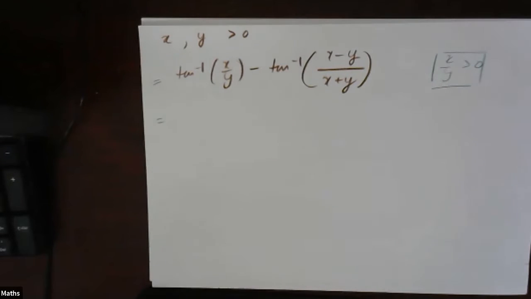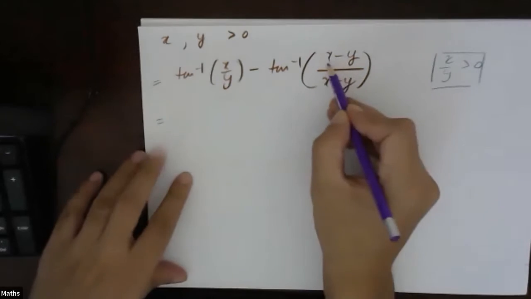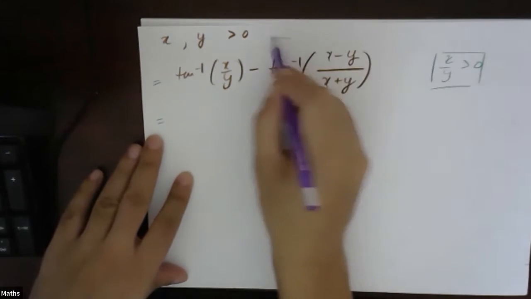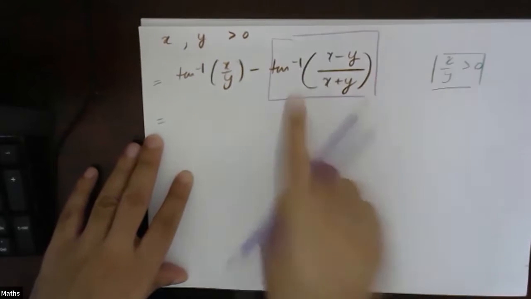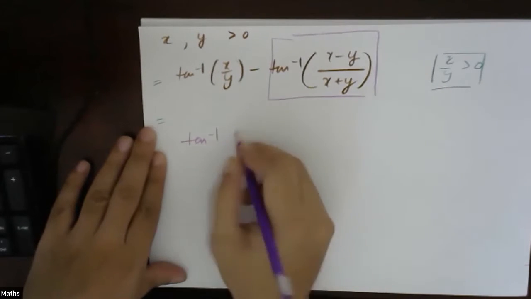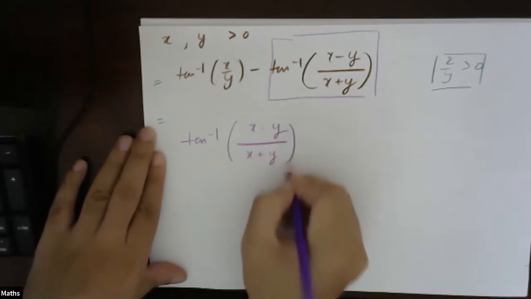Right now, this is greater than 0. Here we have x minus y upon x plus y. Let's see what we can bring this term to. We can simplify this term. So this is tan inverse of x minus y upon x plus y.